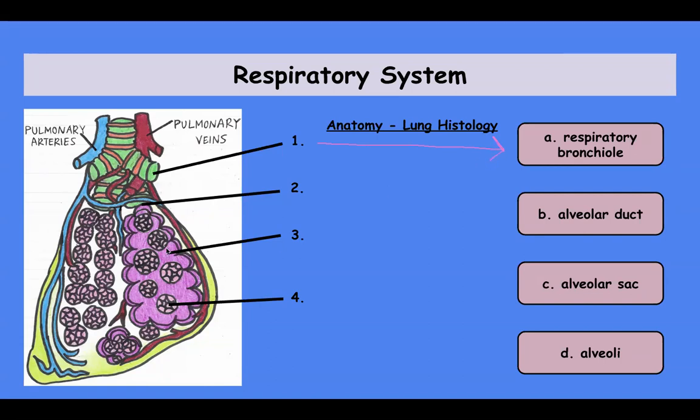I'm also seeing that number 3 is representing the alveolar sacs.